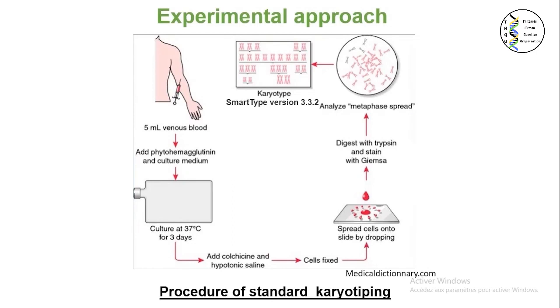After these 3 days, we use colchicine, a mitosis blocker that arrests cells in metaphase, and we proceed with hypotonic shock to break the nuclear membranes.